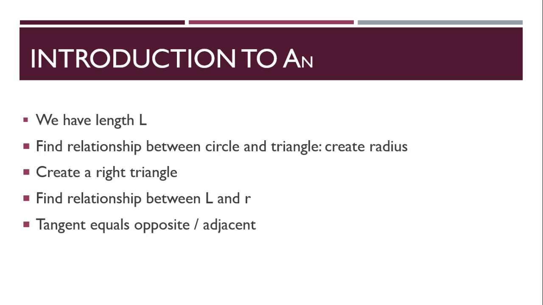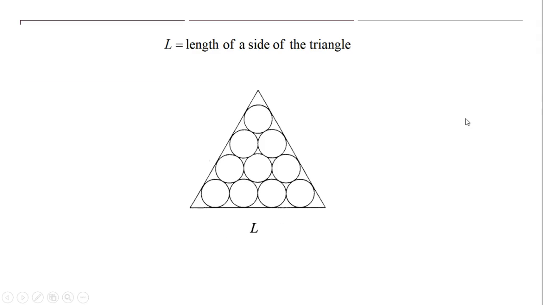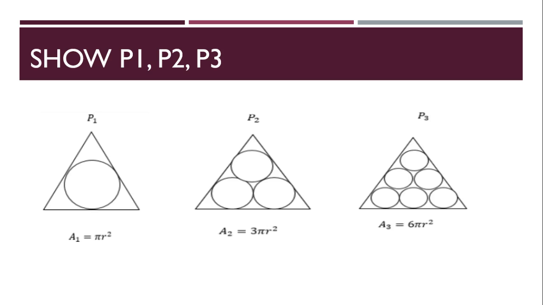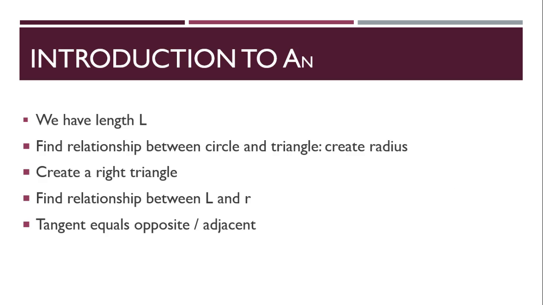We know that the area of a circle is pi r squared. But if we go back to the picture they gave us, they have the length of the side of the triangle, which is L. So now since we have length, we have to find a substitute for r because this problem is in terms of L.